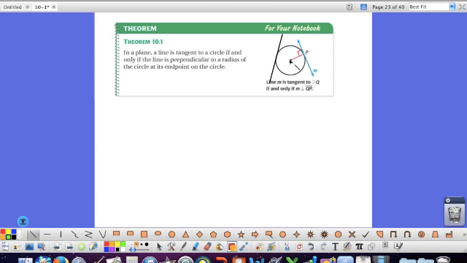I could construct a perpendicular segment from here to the center of that circle. And when I create a line segment from the center of a circle to the point of tangency, that radius, it's always going to intersect that tangent. I can always do that at 90 degrees.